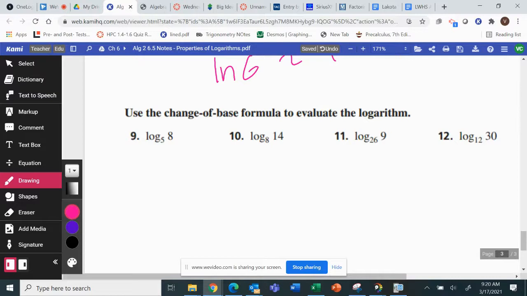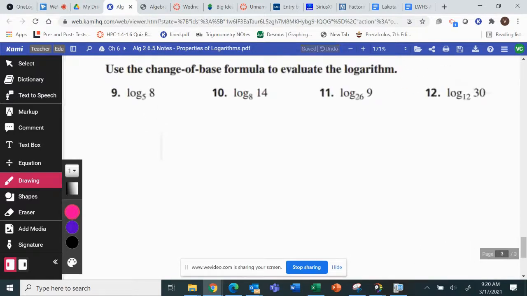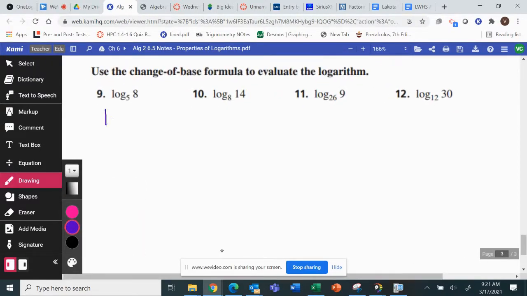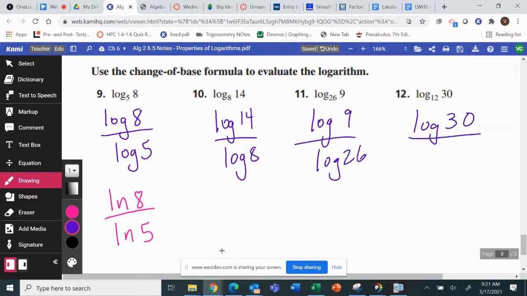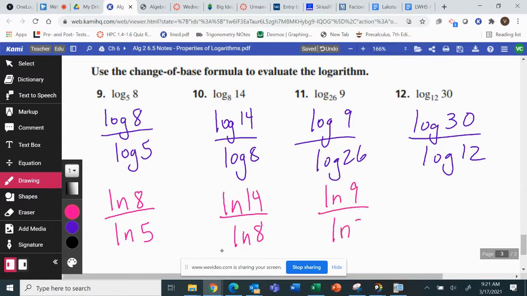How would you type it in to use change of base? I did both.